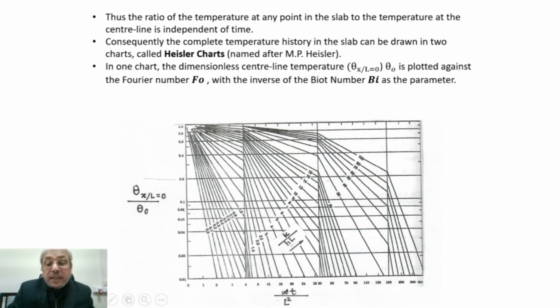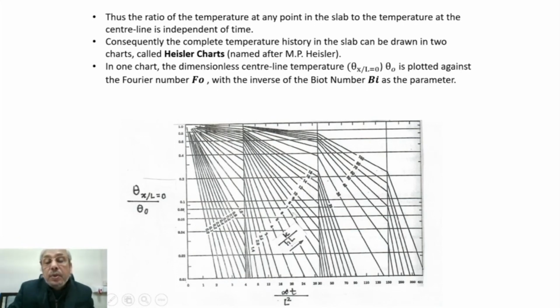So this axis is alpha t by L square, the Fourier number. So with time this will change, and this parameter we can see is the inverse of Bi number. Here it's in decimal points up to 1. Here it's up to, we can see, 18.